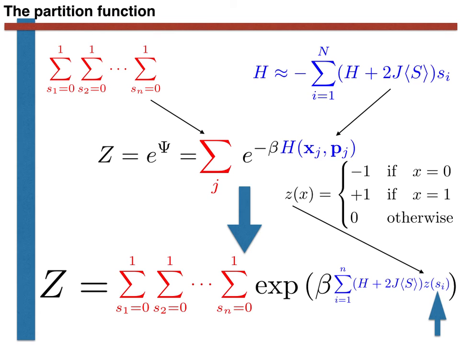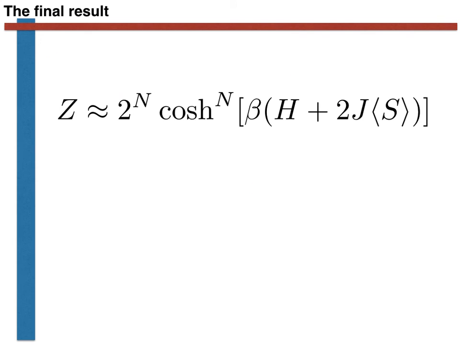In fact, from here on out, the derivation is almost completely identical to the derivation we performed for the lattice gas. The final result for the approximate partition function is thus just the partition function we arrived at for the lattice gas, but with h replaced by h plus 2js, as shown here.